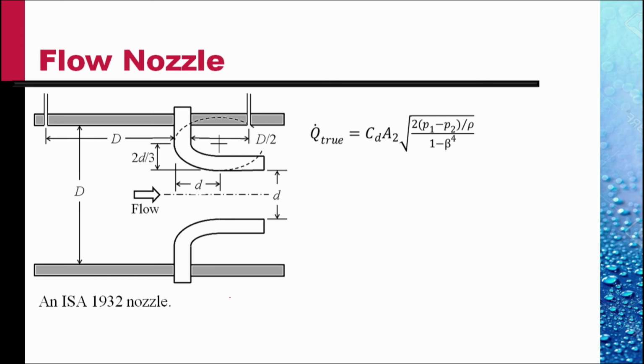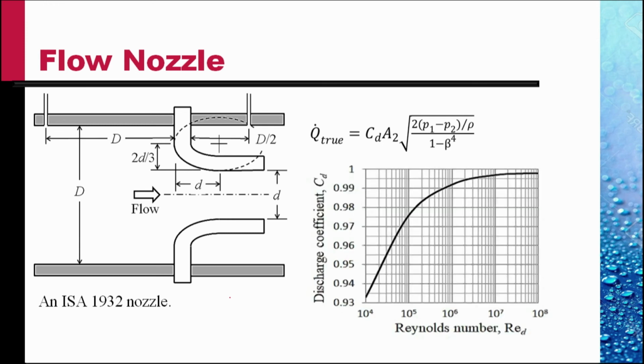So the discharge coefficient is now a much higher value. The discharge coefficient you see is better than 0.93, between 0.93 and 0.99, about 1.5 times the discharge coefficient we got there.